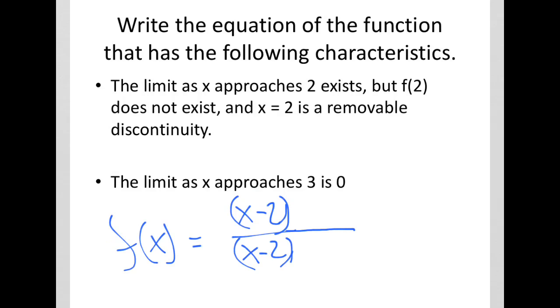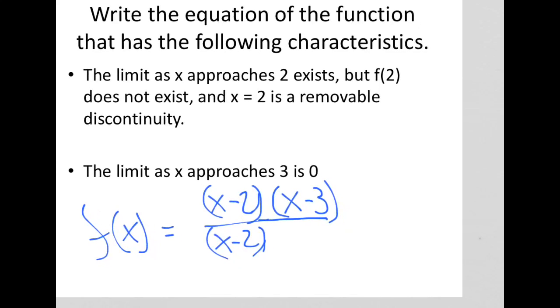So I'm essentially saying I want a 0 at 3. So the 0 is coming from your numerator. I need to write a factor, x minus 3. And now I've ensured that I have a removable discontinuity at 2, a hole. And I will have a 0 at 3. So I am happy. I can make it as complicated as I want, but this is the basic function that will get us there.